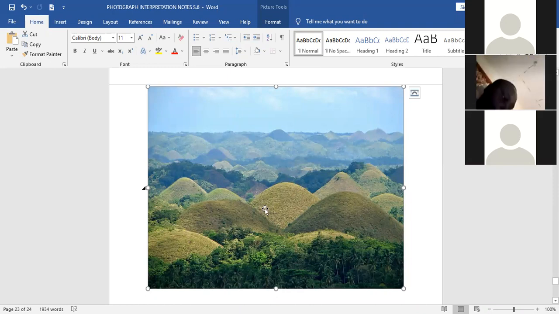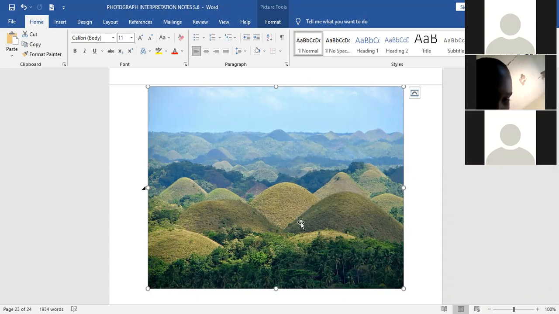So the second one is people experience landslides in the area, evidenced by steep slopes in the background or on the middle ground of the photograph. So we can state it as landslides as the second problem, evidenced by steep slopes, because you can see the steep slopes in the middle ground or in the foreground of the photograph.